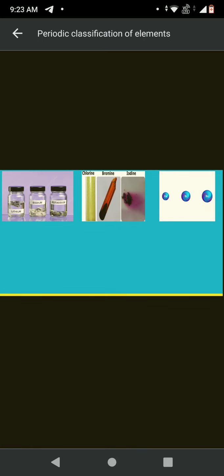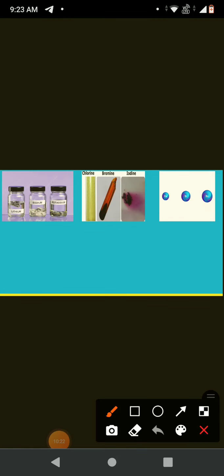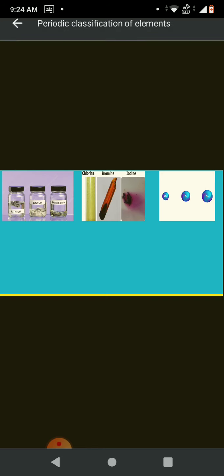After making the groups of three elements, he arranged them in an increasing order of their atomic masses. If I take the example of the first group, lithium, the atomic mass of lithium is, actually it's 6.9, not 6.